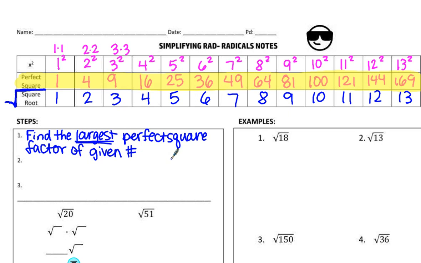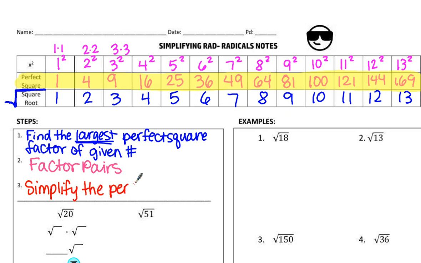And this will make a little bit more sense in a second. Once I have found the largest perfect square factor, I'm going to list out my factor pairs. And then my third step is going to be to simplify the perfect square.